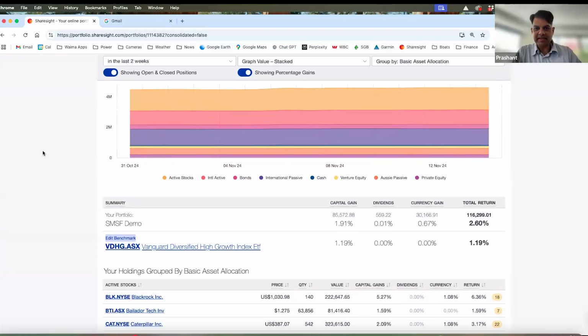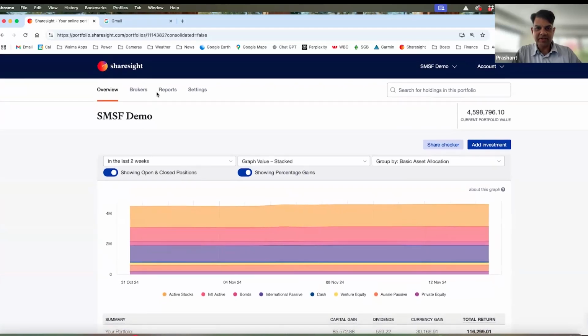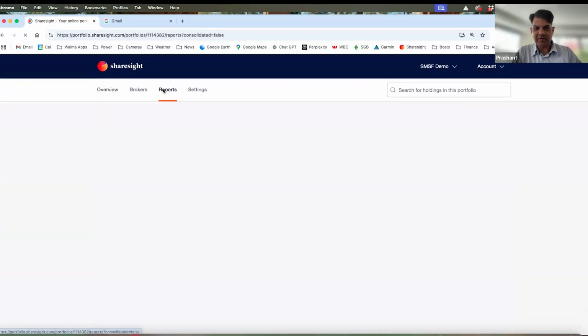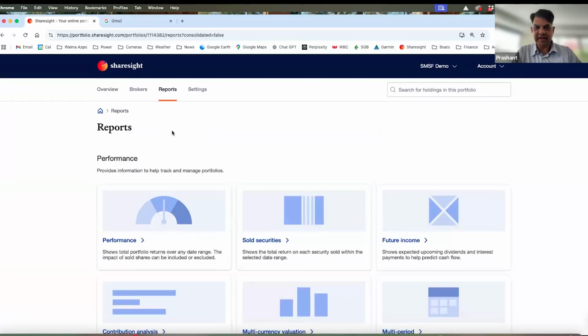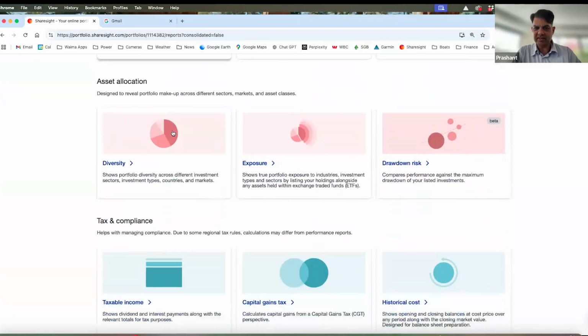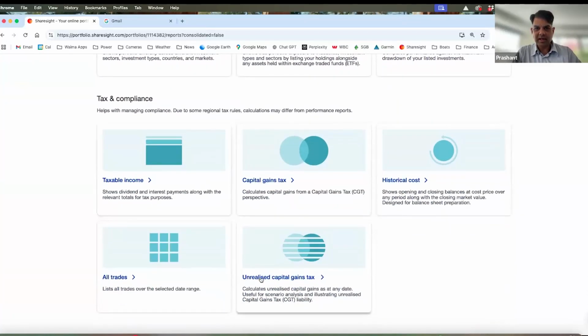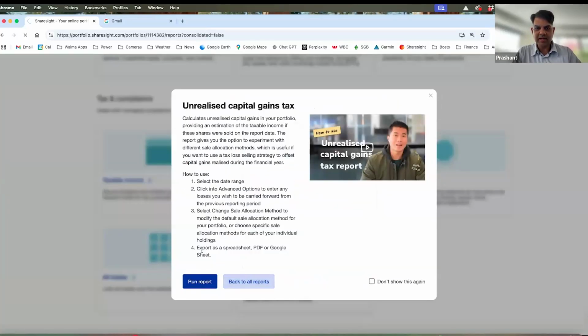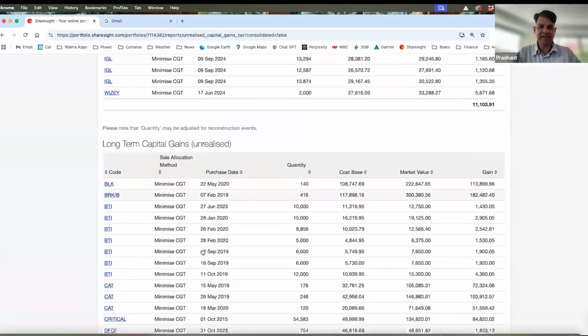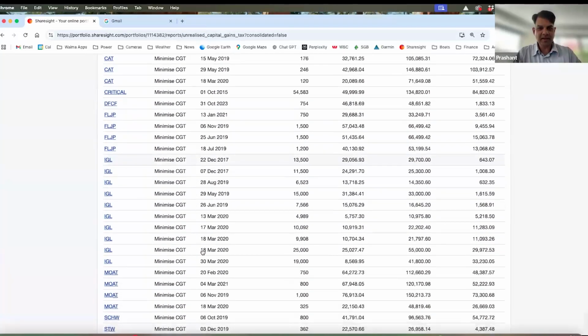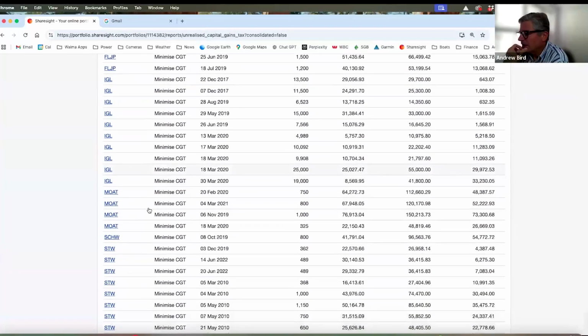Ian says: the unrealized capital gains tax report, with a large portfolio with numerous trades and DRPs, needs to be able to filter to check the current status of gains and losses of individual stocks. I think that is just a comment, so we'll take it as a comment.